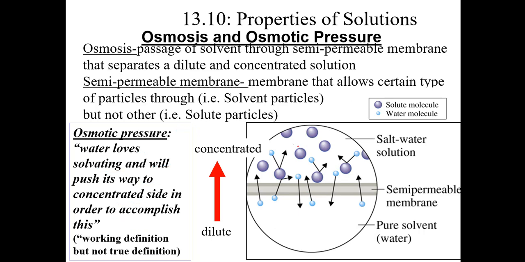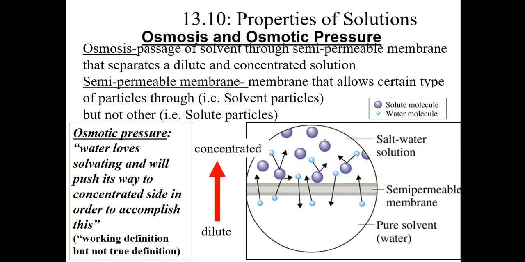So here's the solute particles that I'm circling with a purple pen right there. And so therefore the water, and I'll draw water on the bottom, that's the dilute side, is going to push its way through the semi-permeable membrane, such as a cell membrane, and surround the solute particles.